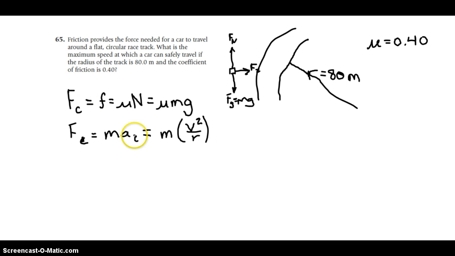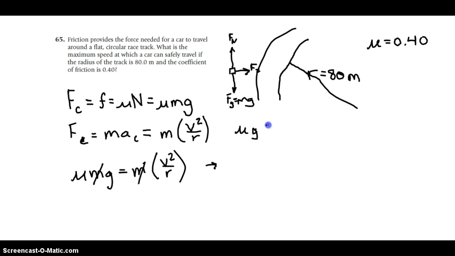Since we can set our friction equal to our centripetal force, mu times m times g is going to equal m times v squared over r. With the limited information they give us, it's still enough, because the masses cancel out, and we end up with mu times g is equal to v squared over r.